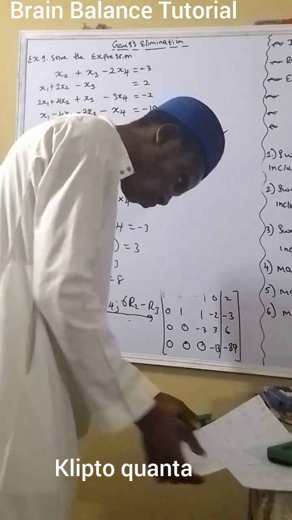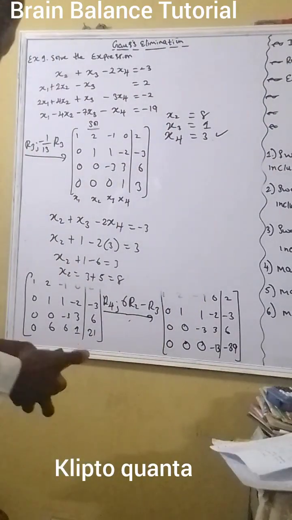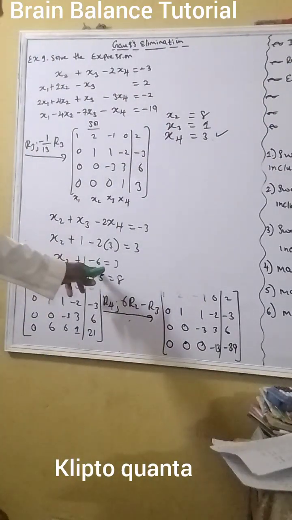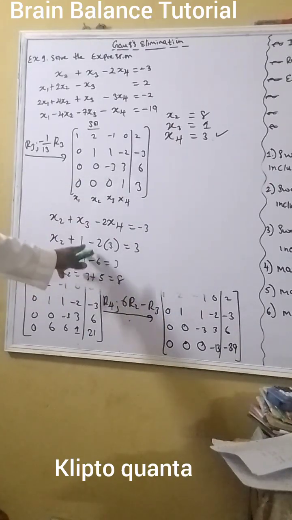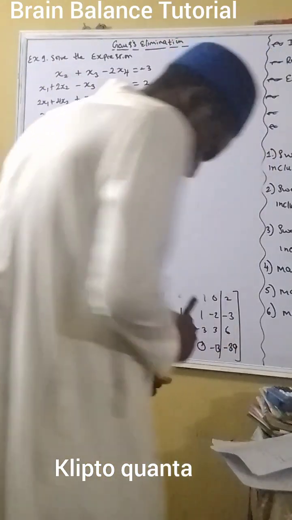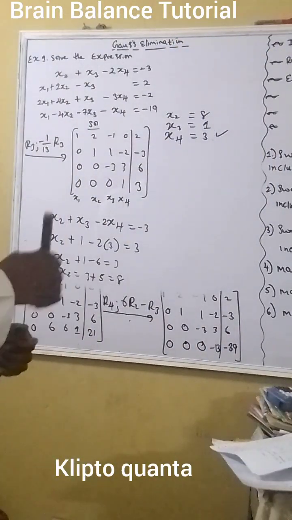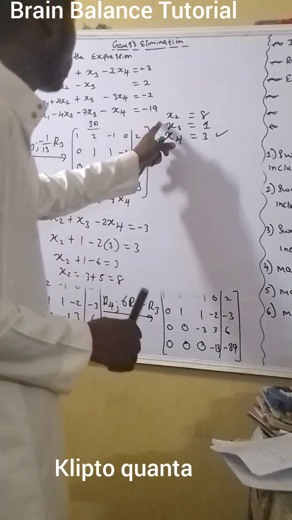So at this point, let's check our x2 very well. This is x2 plus x3, right? So x3 is 1. We've gotten our x4 being 3, our x3 being 1.